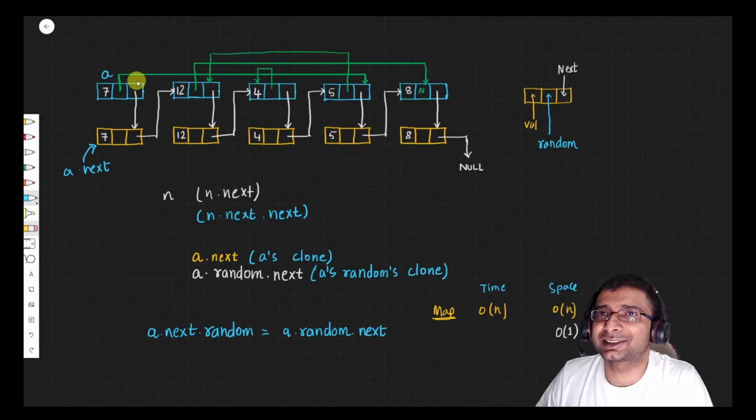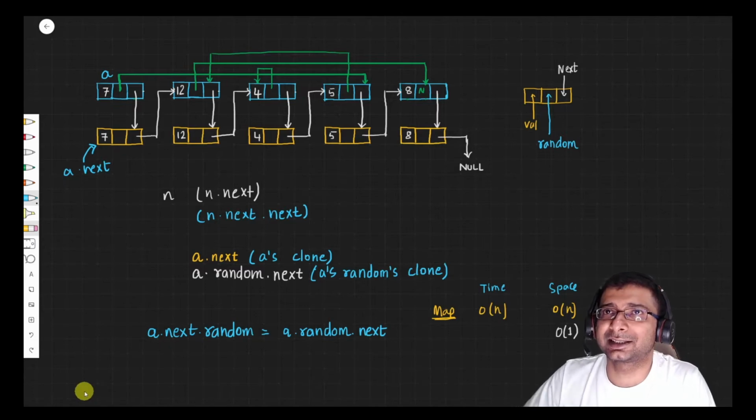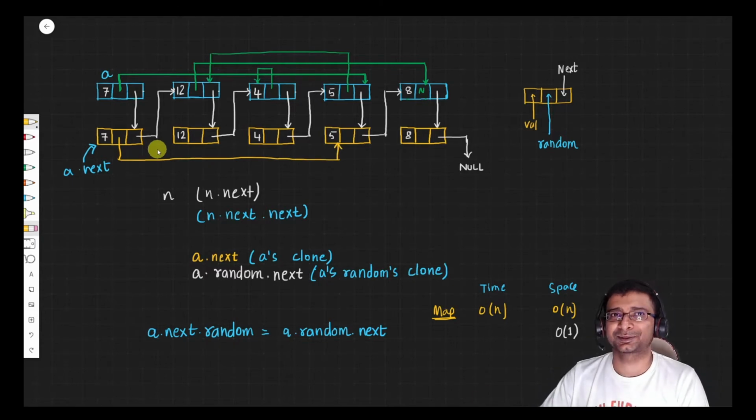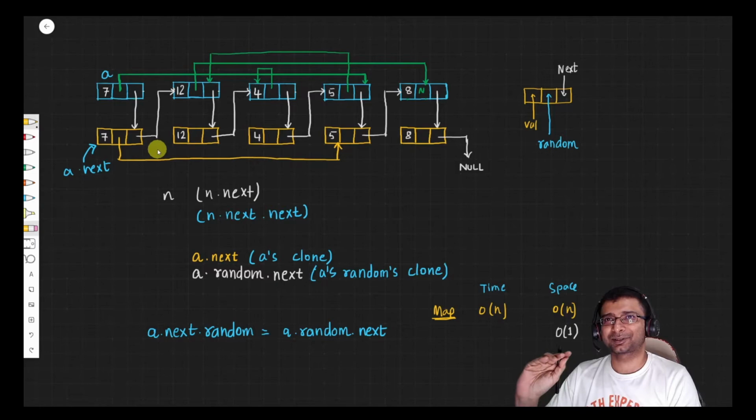What is A? This is A. What is A's random? This. A's random next is this. So when I do this statement standing at A in this position, the magic that we are looking for is that we establish this link. We have done this.